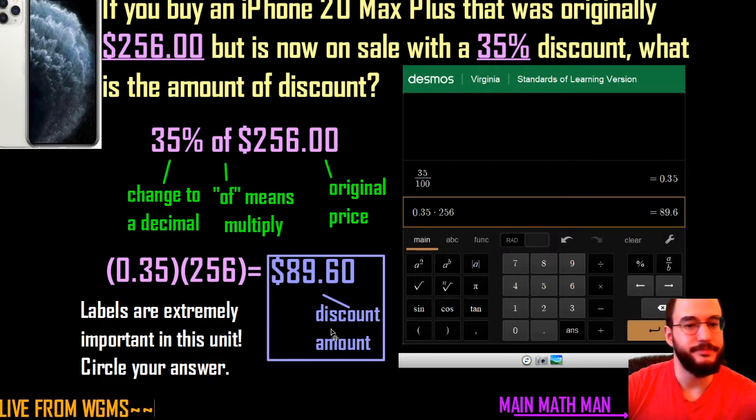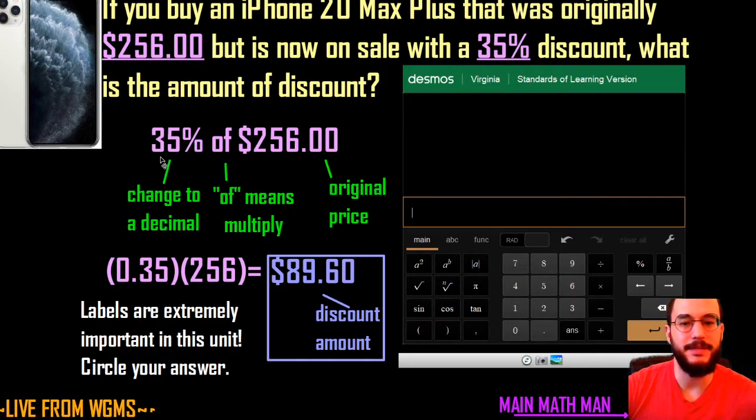So another way you can do it is like this. So let's see if we can do another way to show this same answer. So what I'm going to do is I'm going to say, okay, it says 35% of 256. If you are using this wonderful Desmos calculator, which you should be, I can type it exactly how it looks. So I'm going to say it's 35, and then I have that percent sign.